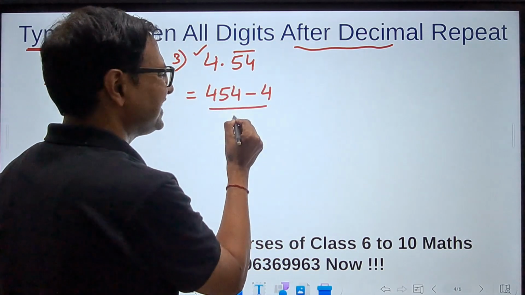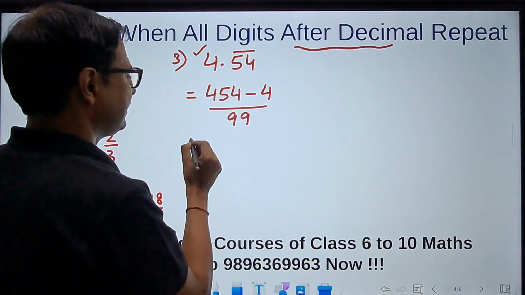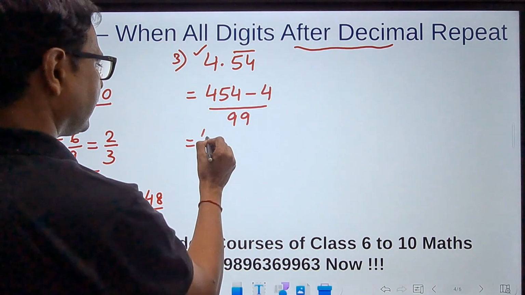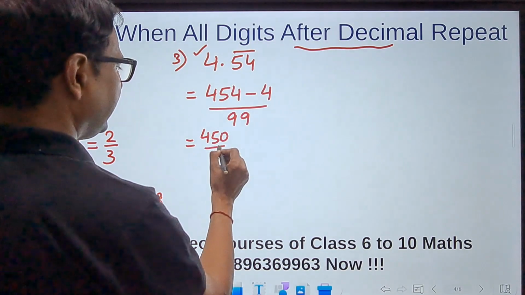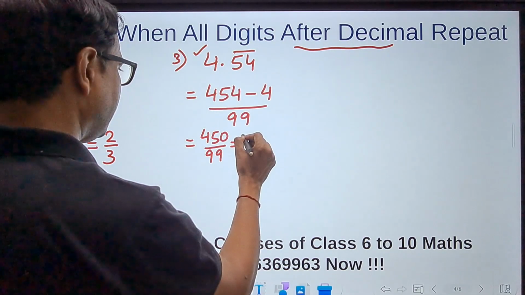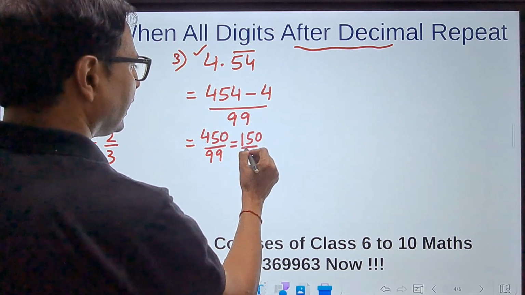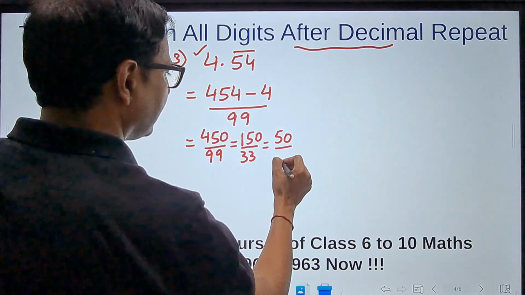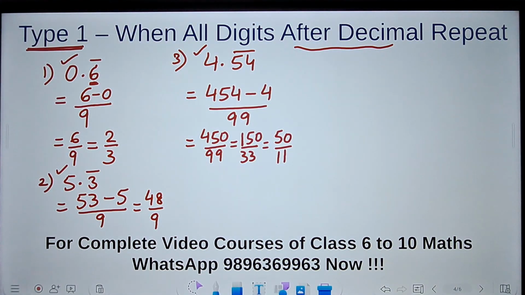So 2 nines in the denominator, and that gives you 454 minus 4, which is 450 upon 99. That reduces to, if you divide it by 3, 150 upon 33, and that further divisible by 3, so 50 upon 11. Now you can check. Divide 50 by 11 and check, did you get 4.545454 as the answer? You will be really surprised, friends.